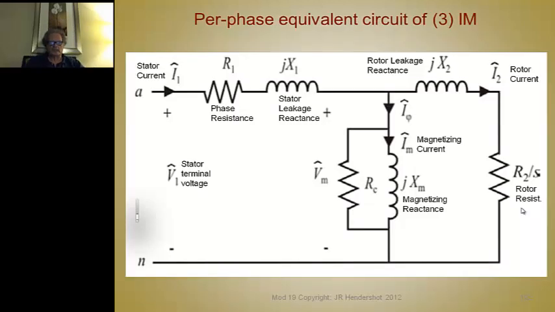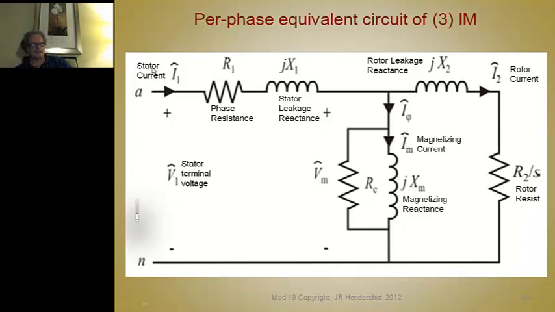And this is the equivalent circuit, and the circuit on the left side represents, as we all know, the equivalent circuit of a single phase of a three-phase induction machine. And these are all of the characteristics here. There's the terminal voltage across the terminals for the stator.